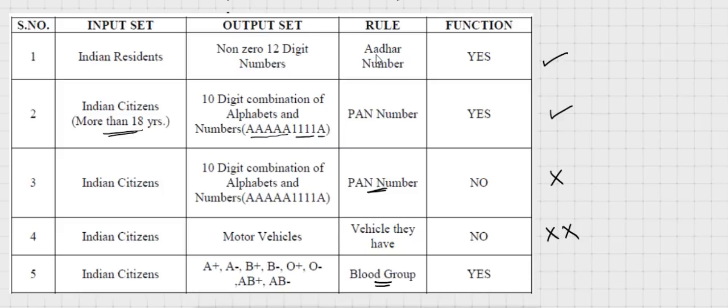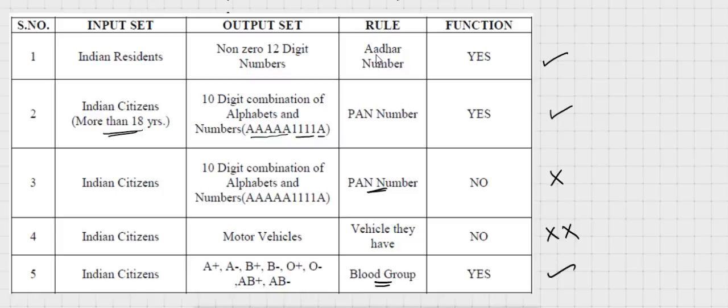All the citizens will have a blood group. First of all, no element of the input set will be missed out. All the elements are having the output, that is, here the output is blood group. So the first condition is satisfied, right?